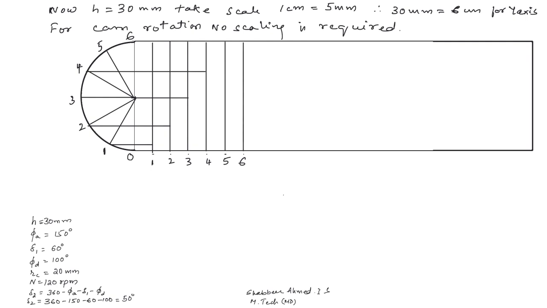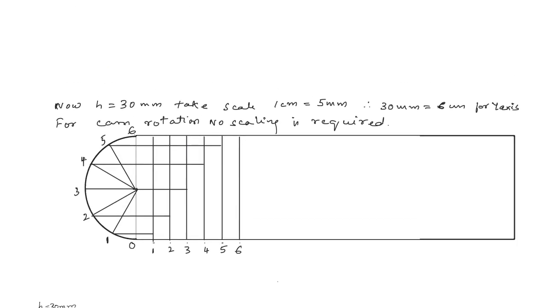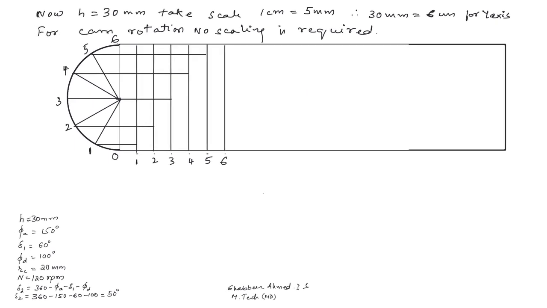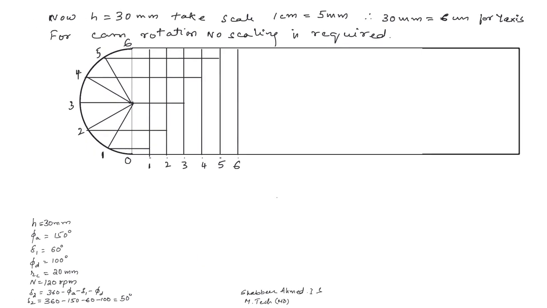Then from point 5 draw a line up to the fifth line. Of course from the sixth point onwards, if you draw a line, it will automatically come and meet here. Now once you have got these points, you join them using a smooth curve.